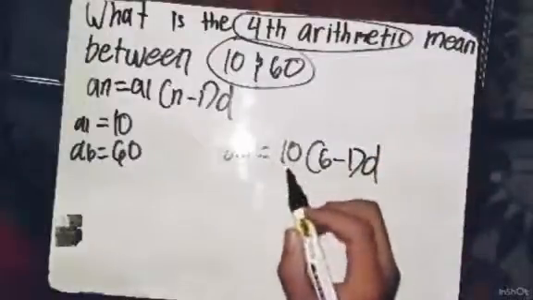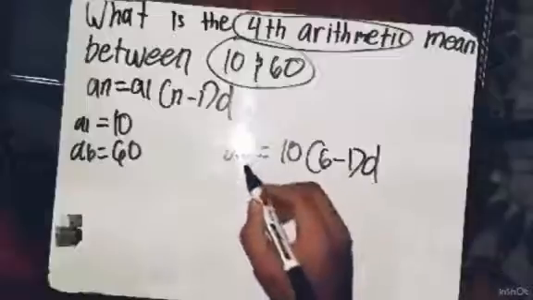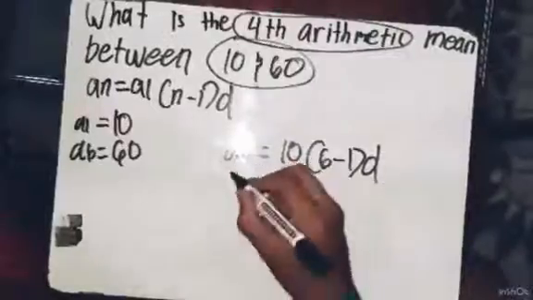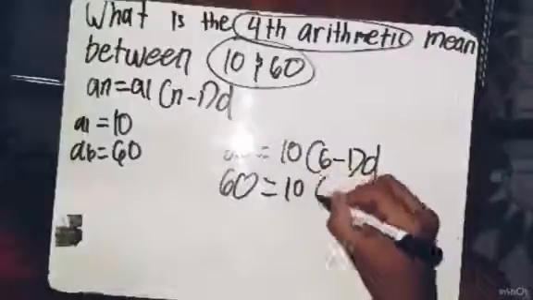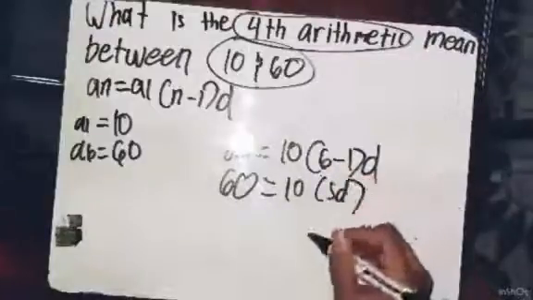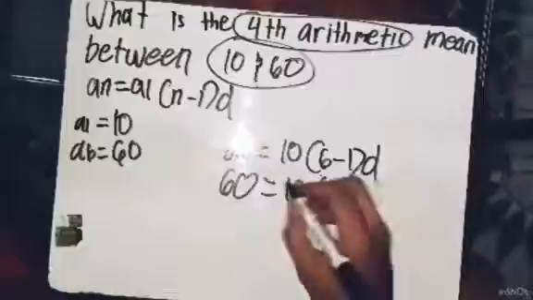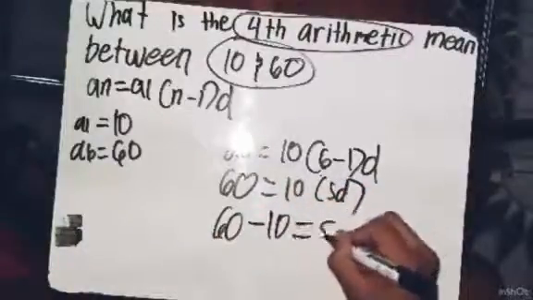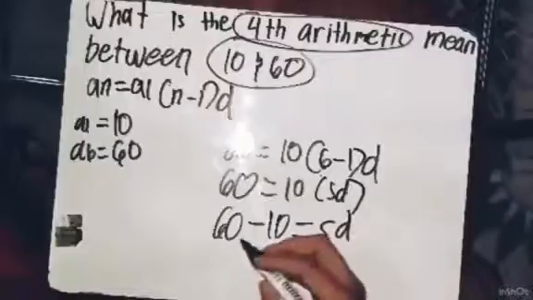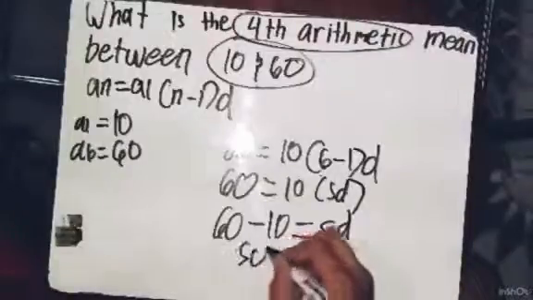And now, to further go with this, we need to change A6 to 60. So 60 equals 10 plus 5d. And like last time, we're going to transpose it. So 60 minus 10 and 5d. Now 60 minus 10 will be 50.